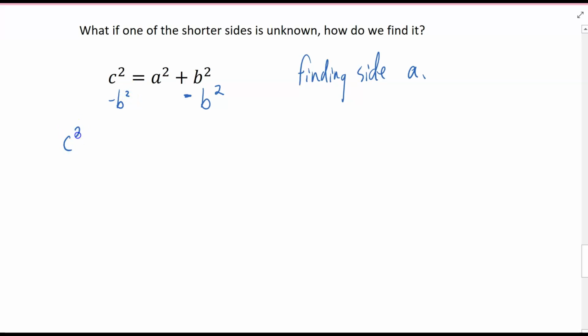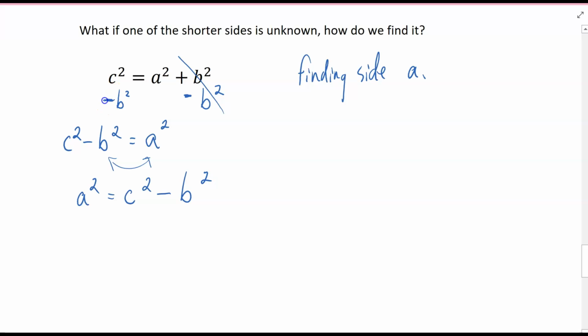So c squared subtract b squared is equal to a squared, and b squared subtract b squared is 0, right? So now I have solved for a squared. Let me just flip them so that it looks a little bit nicer. a squared equals c squared minus b squared.